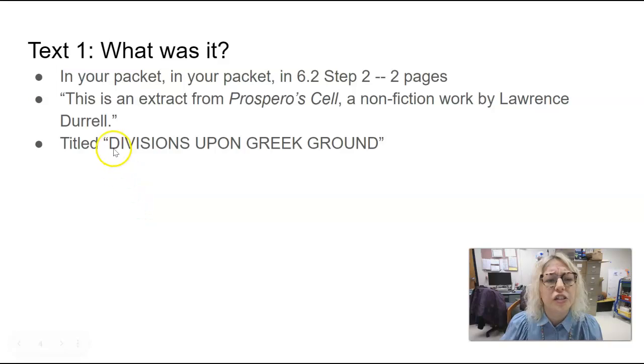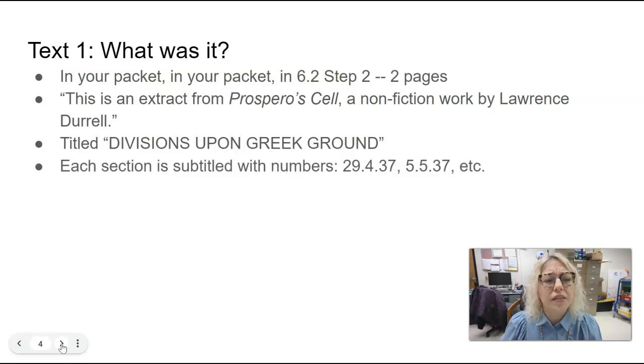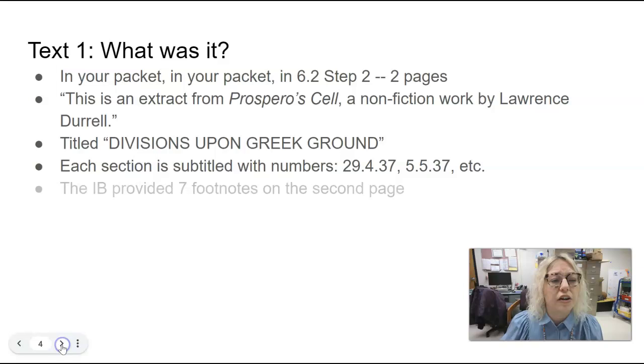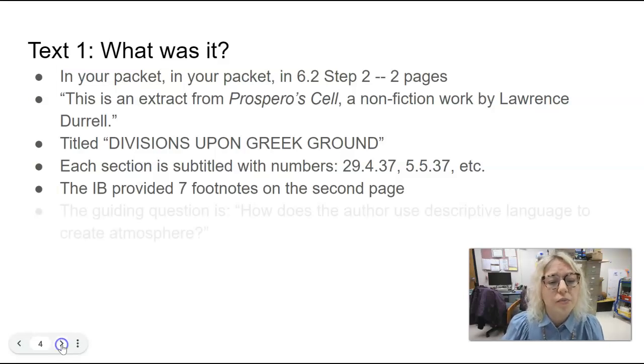And then you'll see the Divisions upon Greek Ground is the title of this particular excerpt, and then each section is subtitled with numbers. 29.4.37 is the first, and then 5.5.37, etc. The IB provided 7 footnotes because this particular extract is about Greece and has some words that are specific to the location or maybe difficult to understand that they wouldn't expect you to understand, and so they've defined 7 words in footnotes, and those are on the 2nd page.